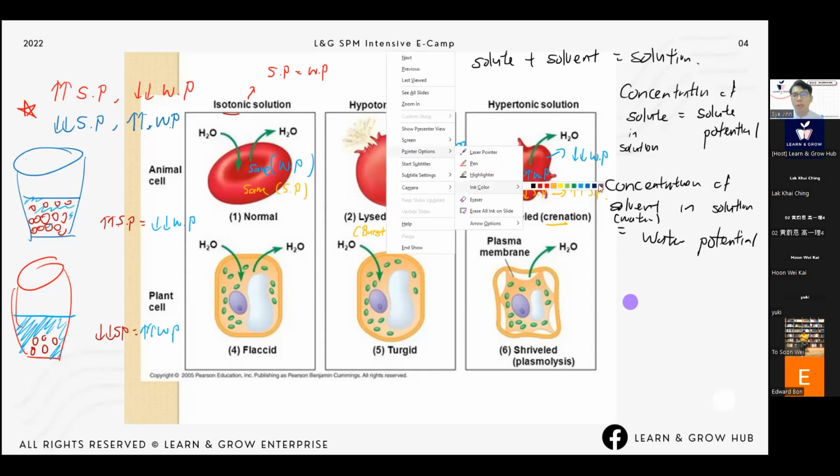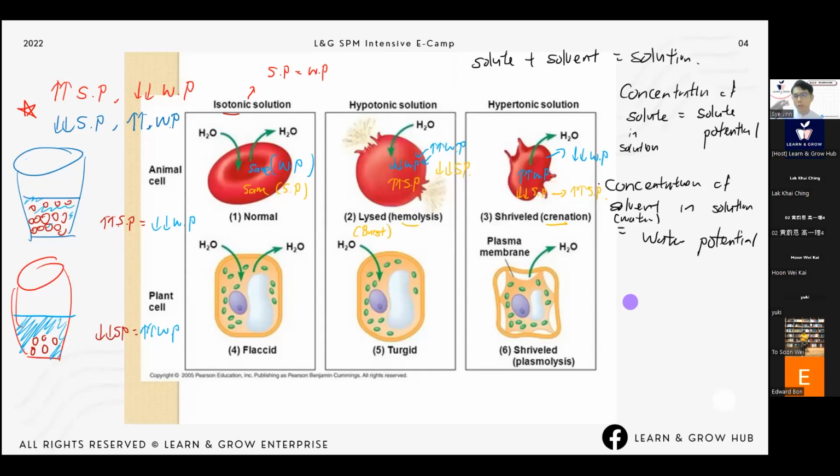Before we end the class today, I talk again about it. When the plant does not have enough water, or we say just isotonic, not the hypotonic condition, the plant will have a flaccid cell. What is the meaning of flaccid? Flaccid means soft, due to not enough water.